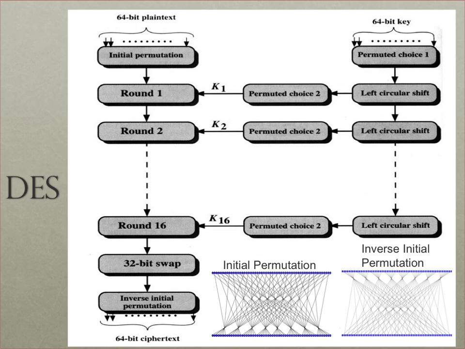As we will see, the bit-level operations make the algorithm really hardware friendly, but not very software friendly. The implementation is easy, but the cost and complexity of implementing this in software is really high.